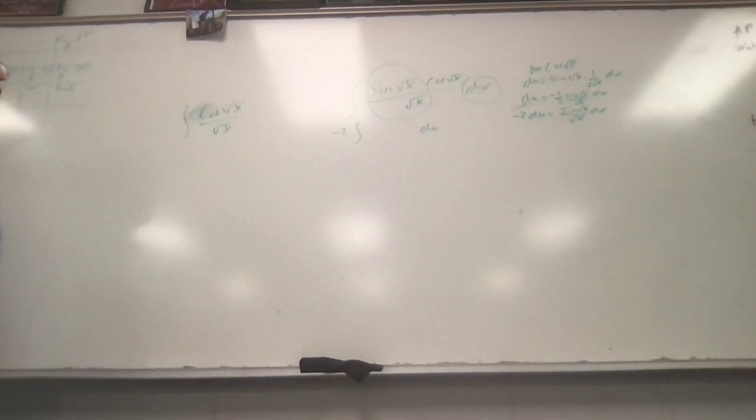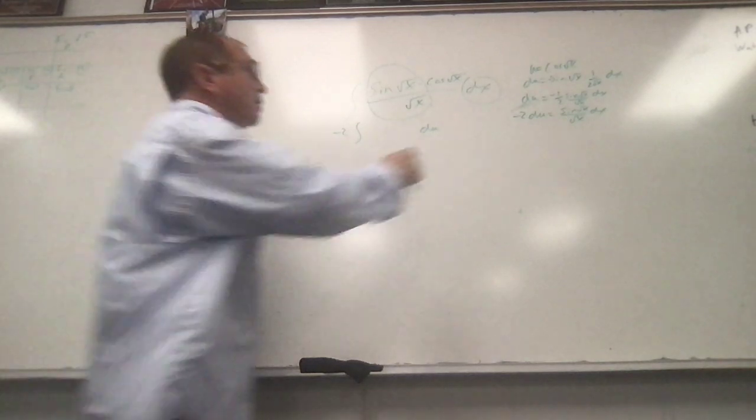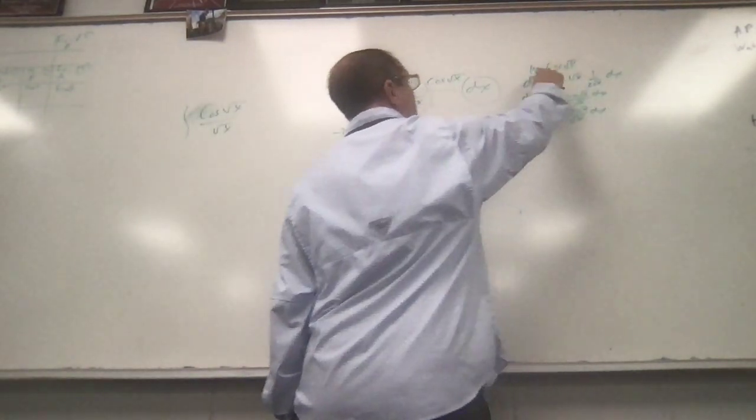So what am I left with? Cosine square root of x. And what do we know about the cosine square root of x? It's the u value. Cosine square root of x is u.